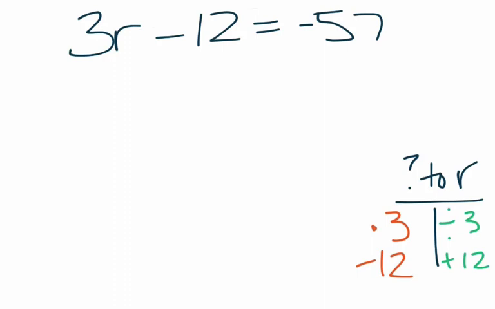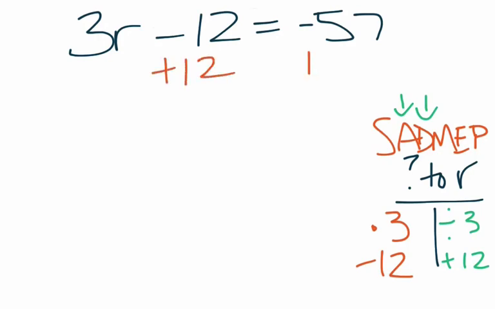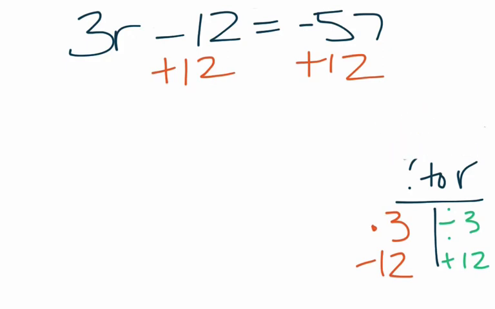Don't forget that we have to follow SADMEP, which is the reverse order of operations. In SADMEP, addition comes before division, so we're going to add 12 first. So add 12 to both sides.